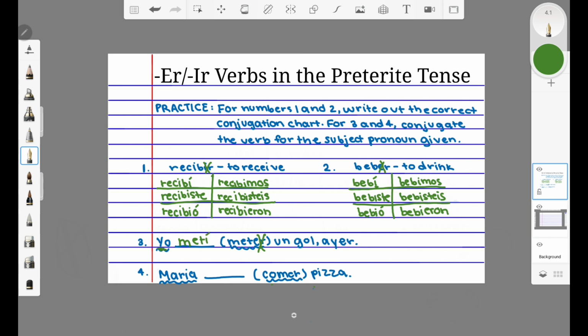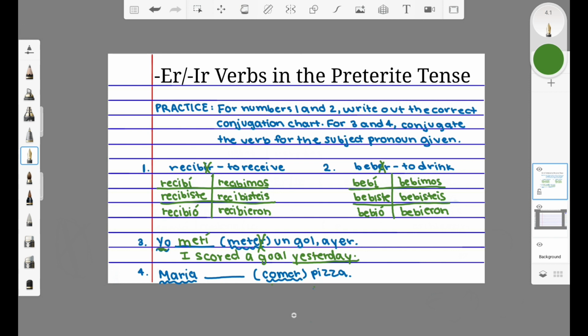So it looks something like that. And this means that I scored a goal yesterday. It happened at a definitive time in the past, which is why I can use the preterite tense.